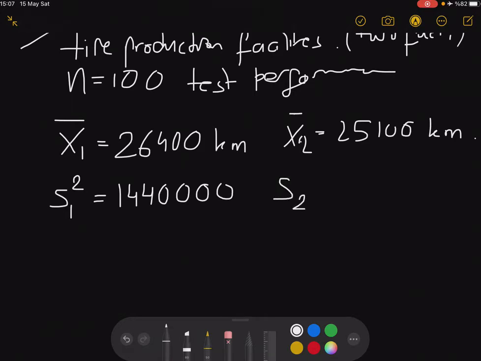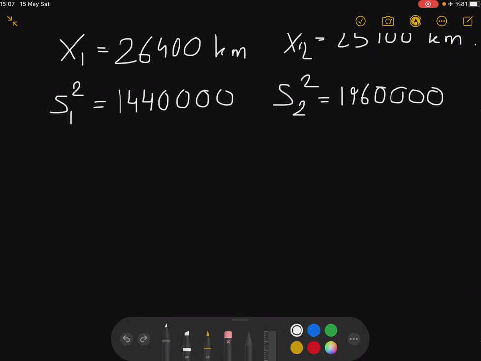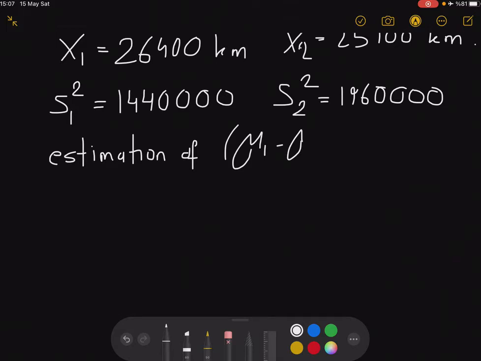Of course this is the sample arithmetic mean, and its variance is this much. You know how to calculate them, right? We discussed this in chapter 1. You can do it by hand, but with this many samples, you need an algorithmic approach or computer-aided support. So we're trying to estimate the difference, the estimation of μ1 minus μ2 here.